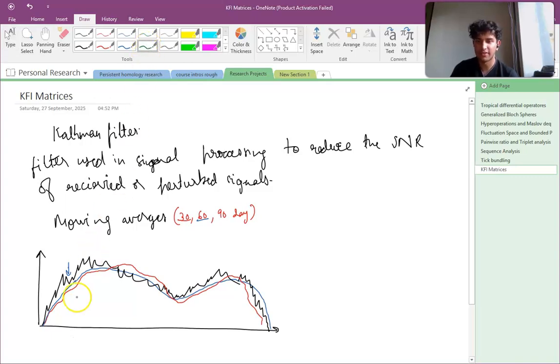And lastly, we have the 90-day average, which is extremely weak. It takes a lot of time to catch up to any given trend change, and so on and so forth.